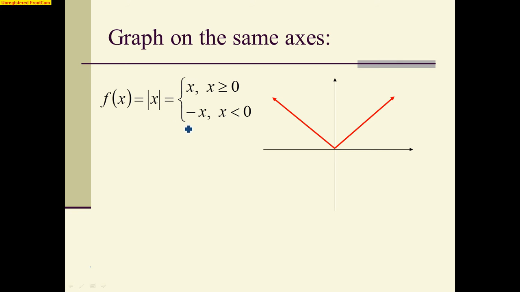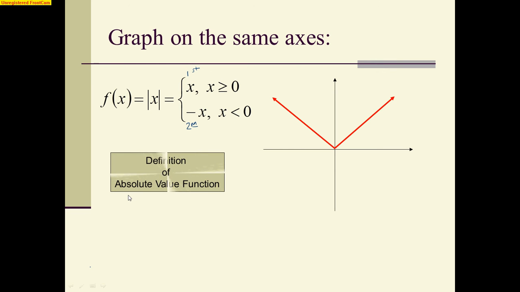These brackets mean that I'm going to tell you what the pieces are. This is the first piece, which includes 0 and goes to the right of the domain, and this is the second piece, which is the rest of the domain to the left of 0. This is actually the definition of the absolute value function. Remember, absolute value is not an actual operator.